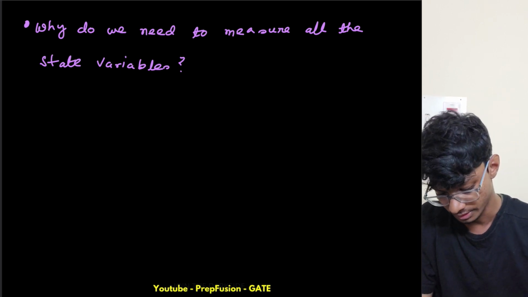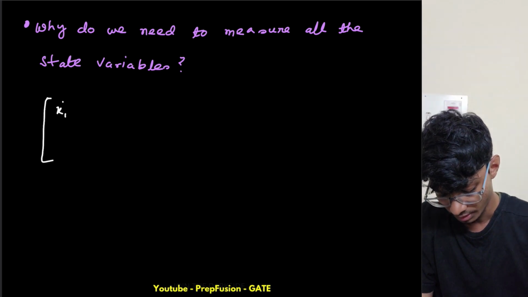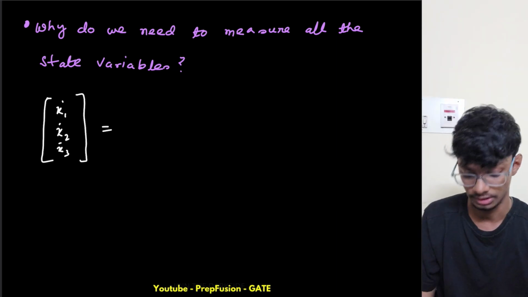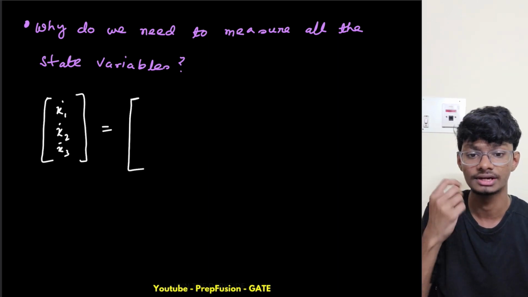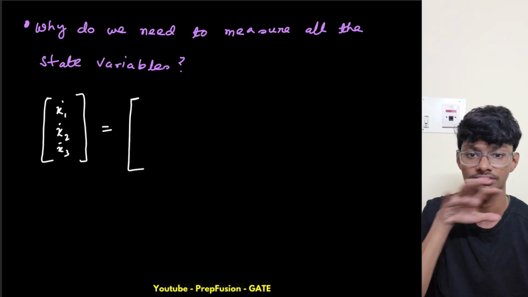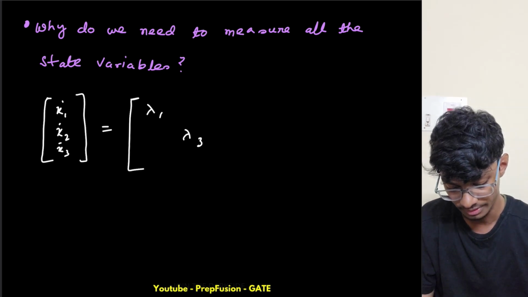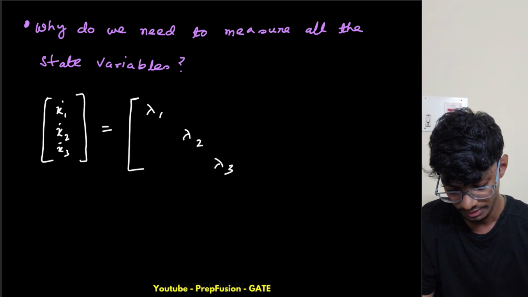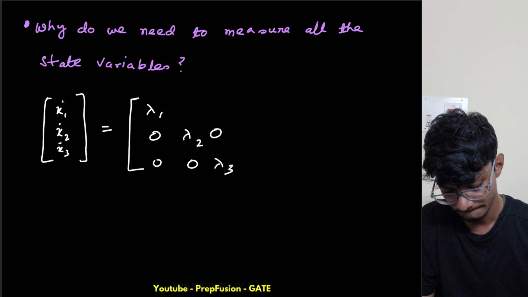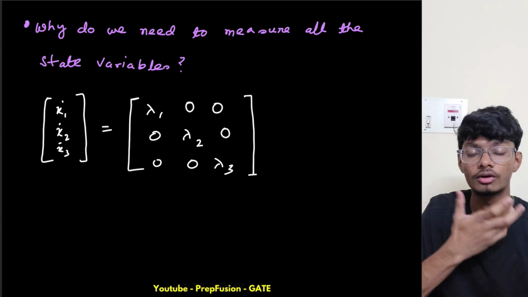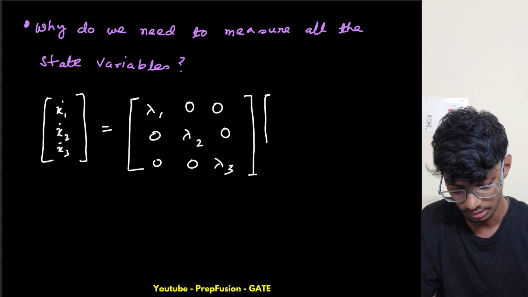Let's say I have a state equation. What happens in a diagonal matrix? The system matrix is written in terms of eigenvalues on the diagonal, and the other, non-diagonal elements are zero, as it is a diagonal matrix.